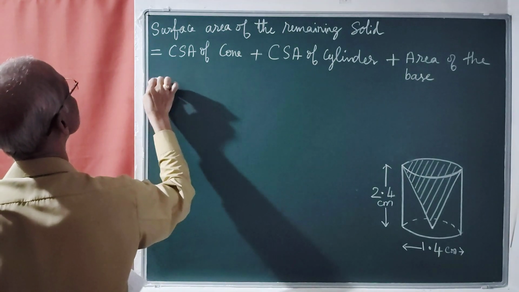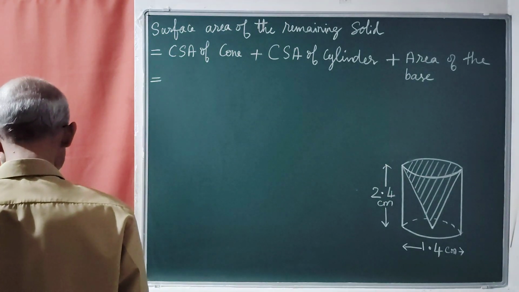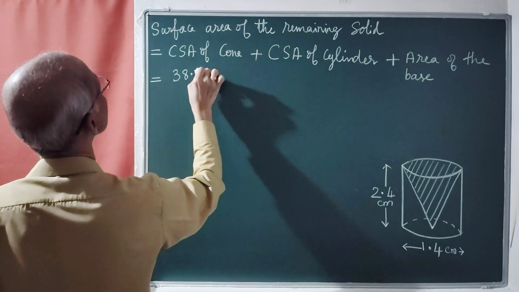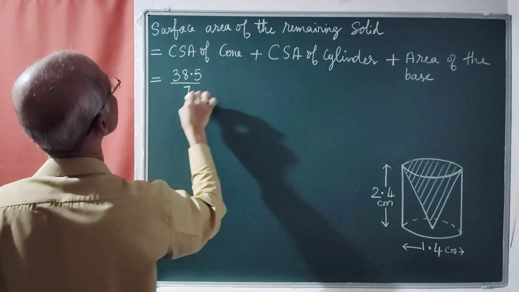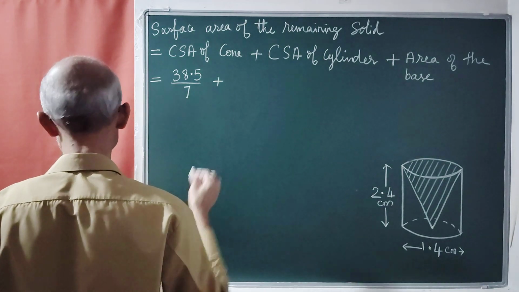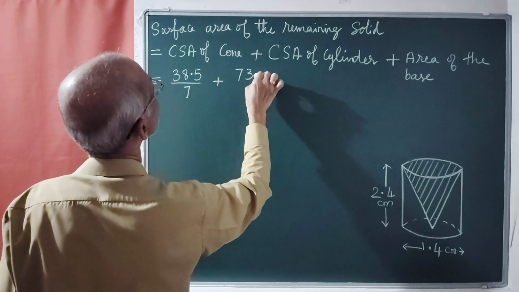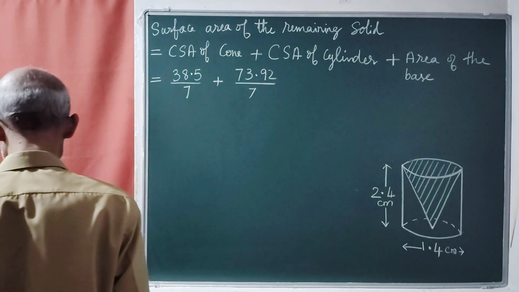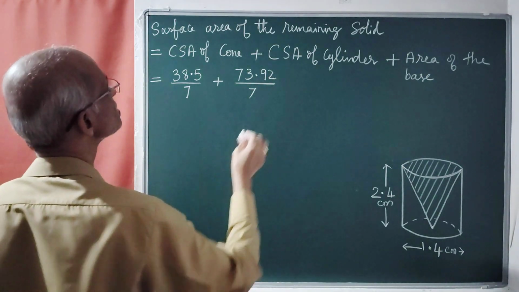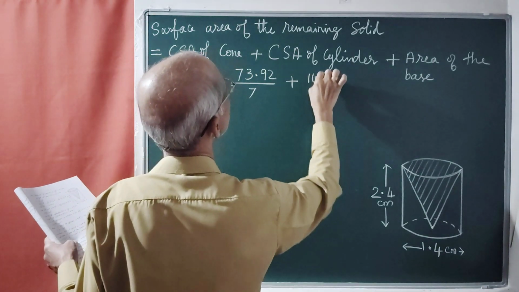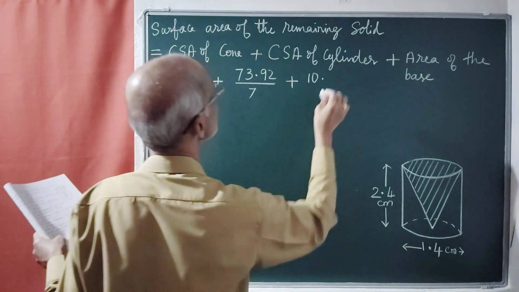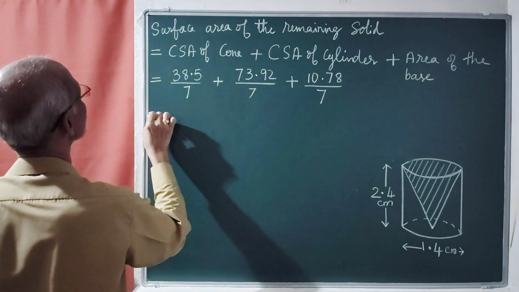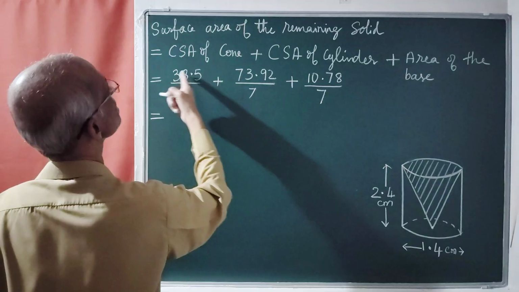That's equal to 38.5 by 7 plus 73.92 by 7 plus 10.78 by 7. They are all like fractions, so you can add the top part.